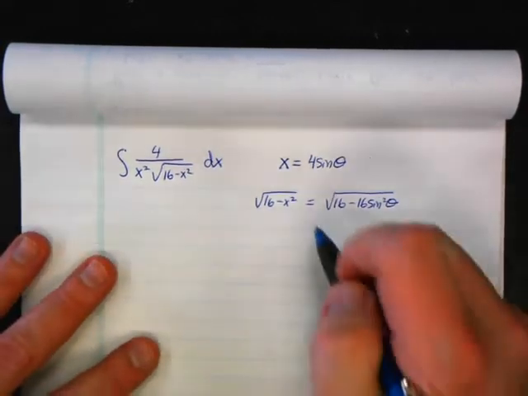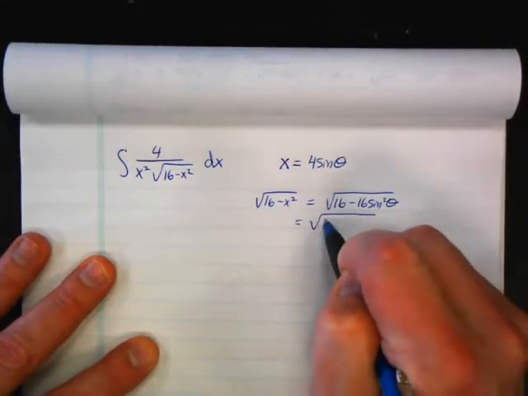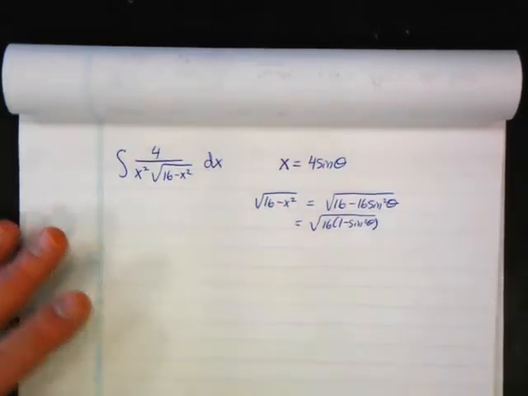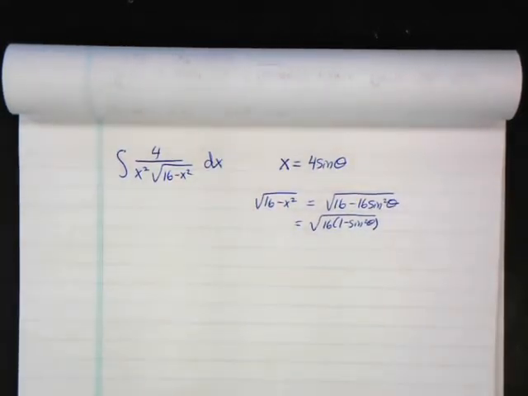So that's the square root of 16 times 1 minus sine squared theta. But 1 minus sine squared is cosine squared. So when I take the square root of that whole thing, I'm going to be left with 4 cosine theta.